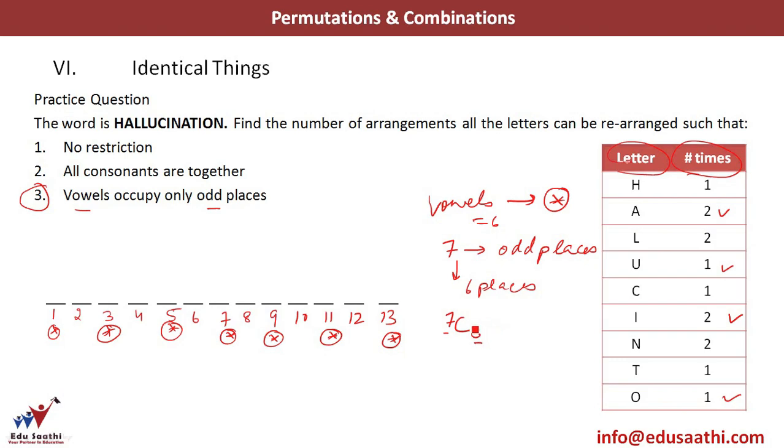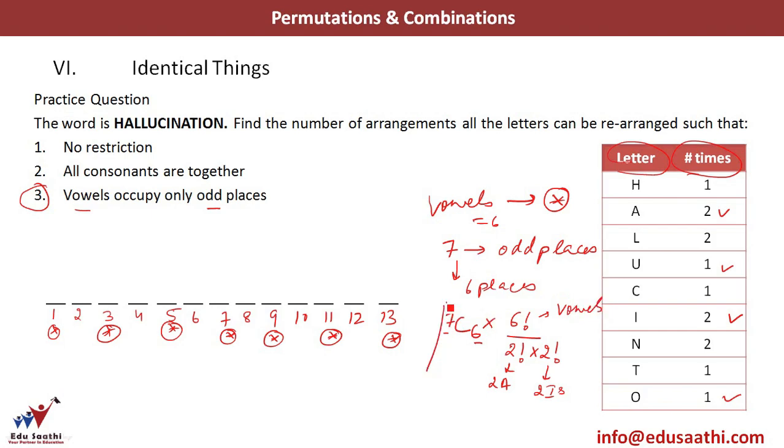Now once I've selected these 6 places, the vowels can arrange themselves in the 6 places in how many ways? 6 factorial divided by 2 factorial multiplied by 2 factorial. This 2 factorial is because I have 2 A's, this 2 factorial is because I have 2 I's, and 6 factorial is because the total number of vowels is 6.